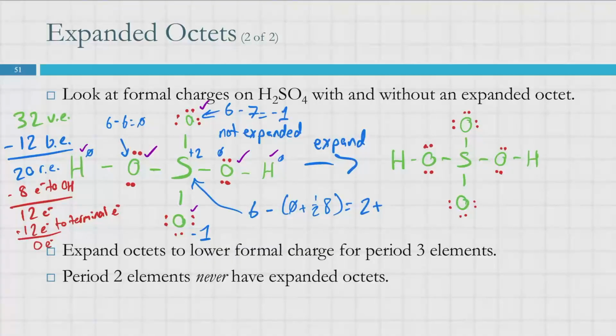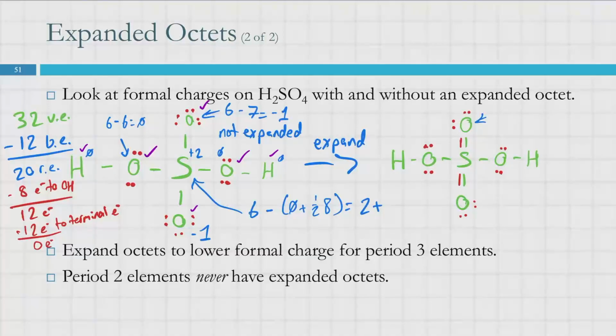So if we expand our octet on our sulfur, we can plop some of these electrons in as double bonds with our sulfur. And then we'll reevaluate our formal charges.